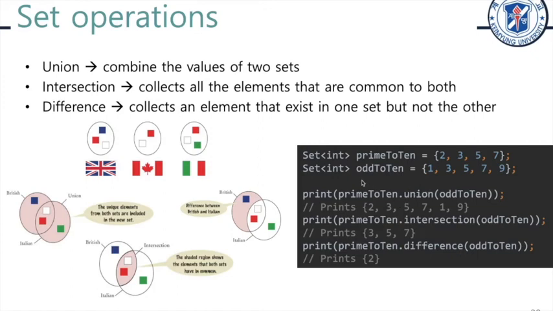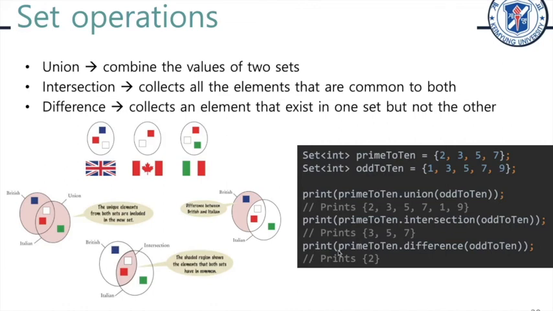For instance, let's say we have two integer sets. One is prime numbers up to 10, and the second is odd numbers up to 10. If you want to print the union of those two, you'll see this set. If you want to use intersection, this is the intersection set.